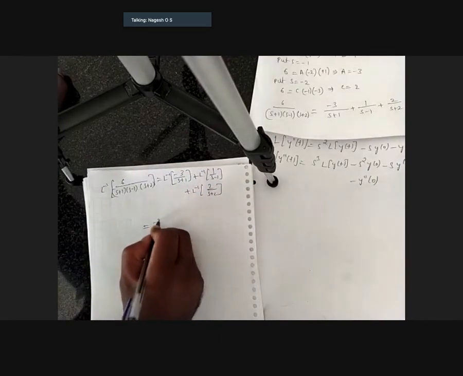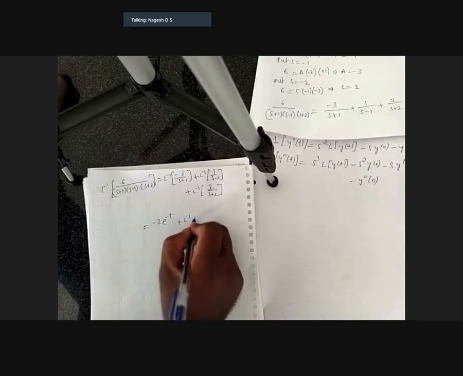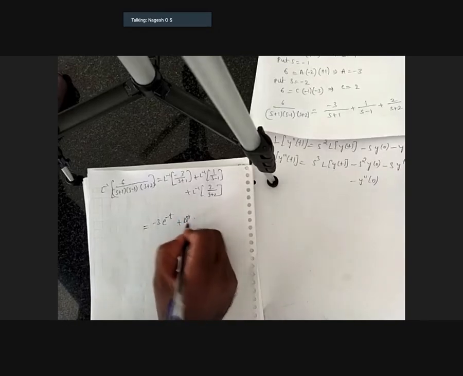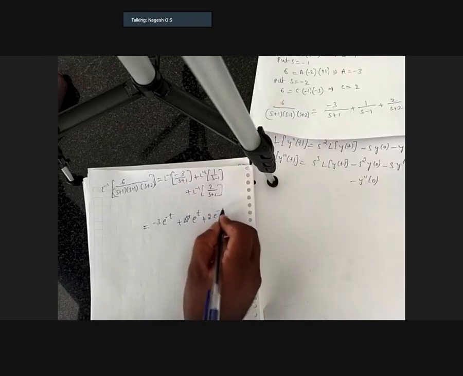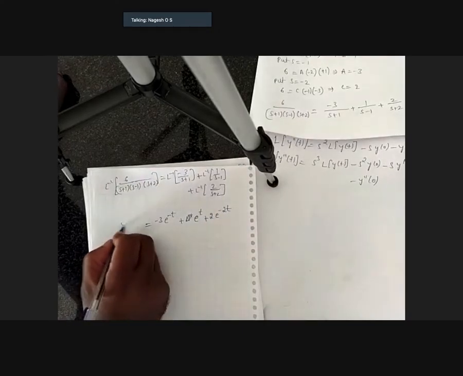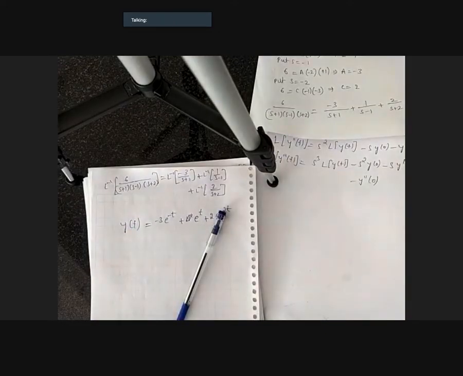This is equal to minus 3 times Laplace inverse of 1 by s plus 1, which is e power minus t, plus Laplace inverse of this is e power t, plus Laplace inverse of this is 2 e power minus 2t. This is y of t: 2e power minus 2t plus e power t minus 3e power minus t. This is the answer.